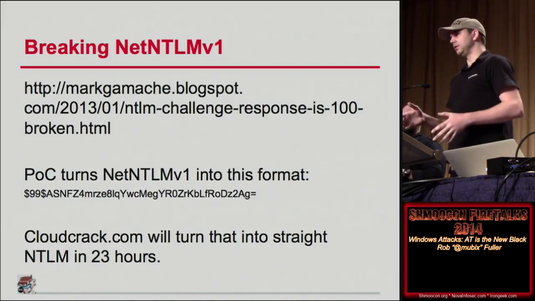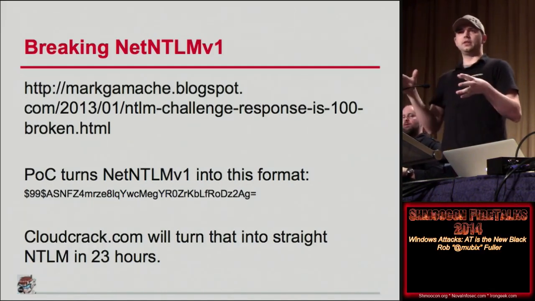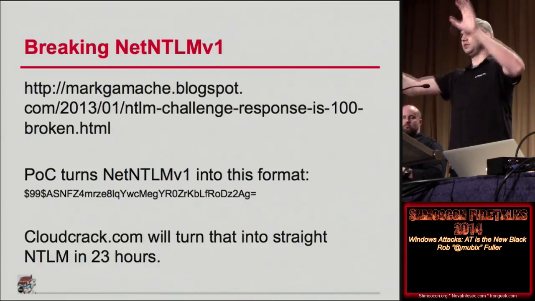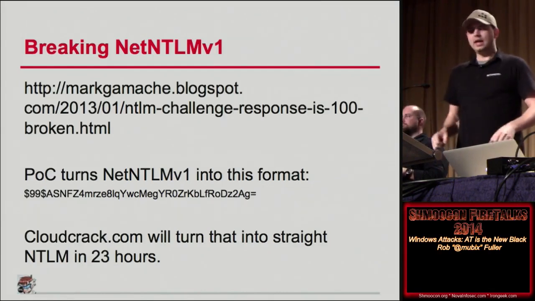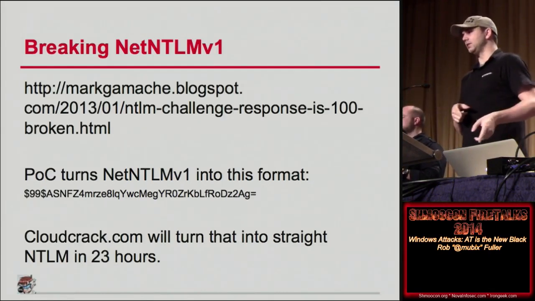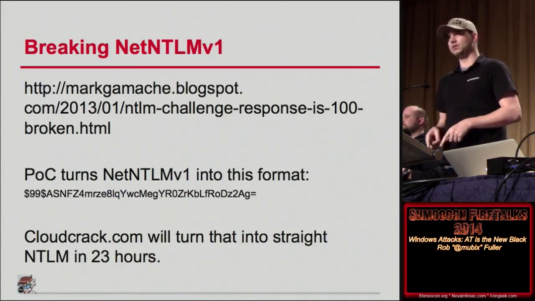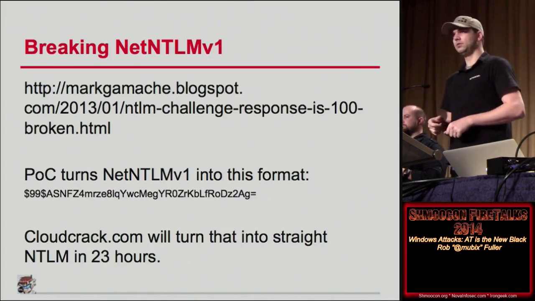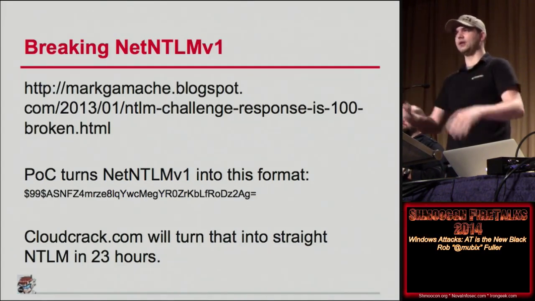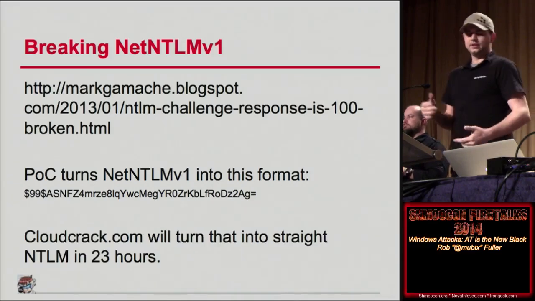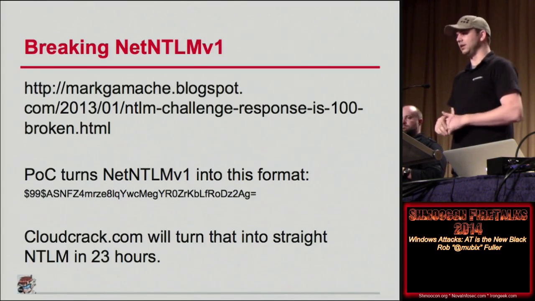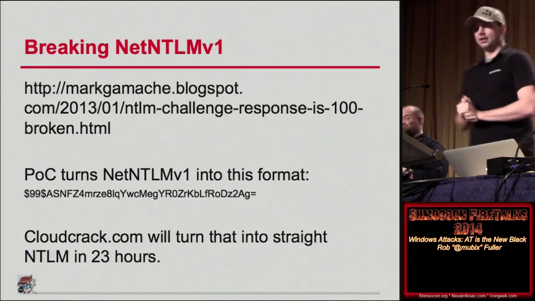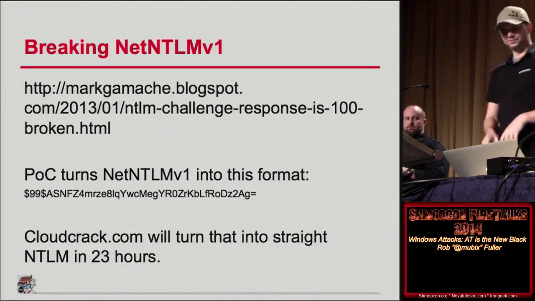The cool thing is that he found some crypto voodoo you can do to this NetNTLM hash, which has a challenge response and all kinds of craziness to it, and break it down into something that crack.sh can throw into some FPGAs for 23 hours, and then at the end you have an NTLM hash. So now you can pass the hash all you want. This is really cool. I wouldn't recommend submitting any of your clients' NTLM hashes to this thing, just saying. But if you want to test this out, it works really well.